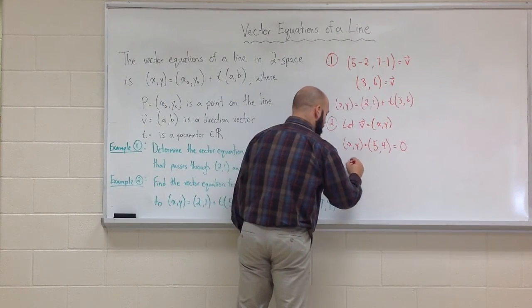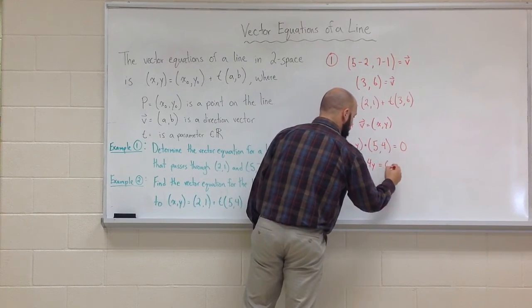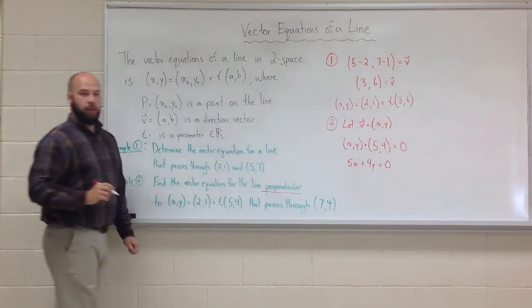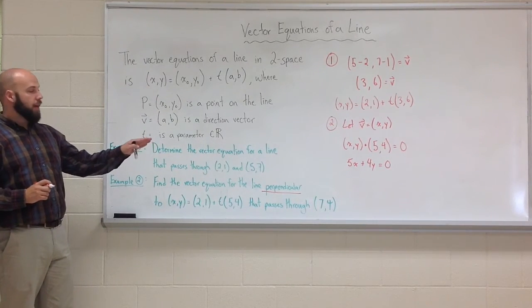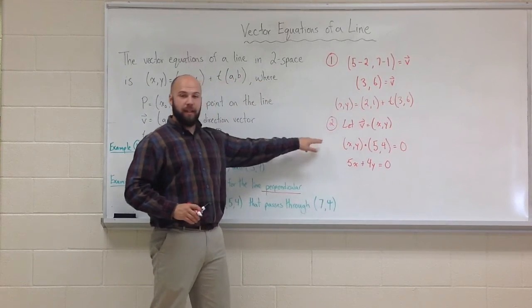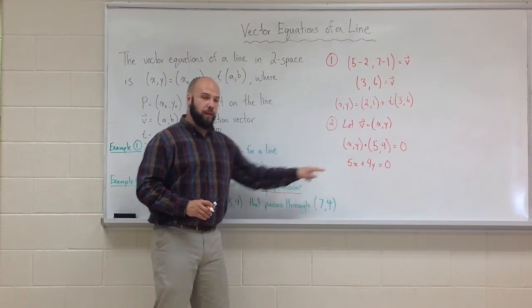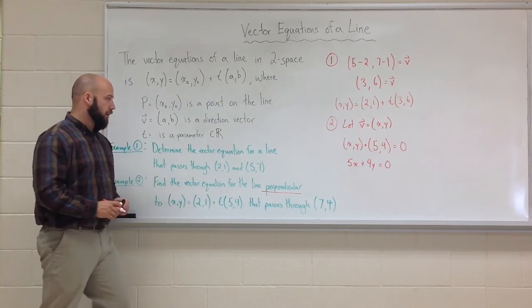This means 5x plus 4y equals 0. This means that any values for x and y that satisfy this equation will be a direction vector that's perpendicular to this one.